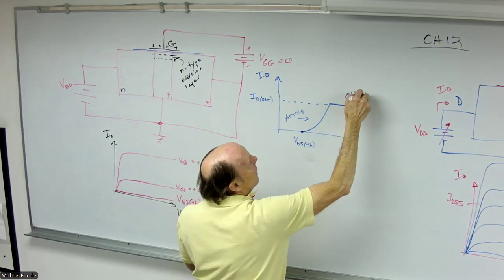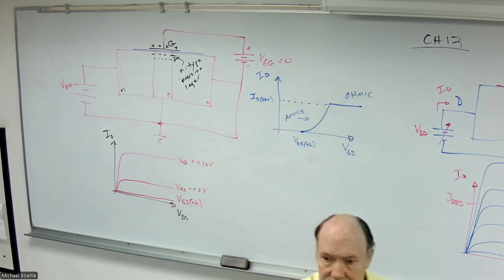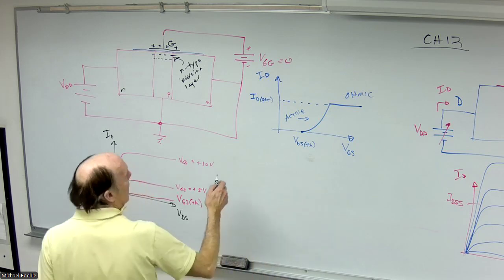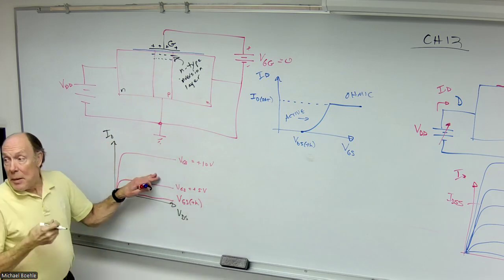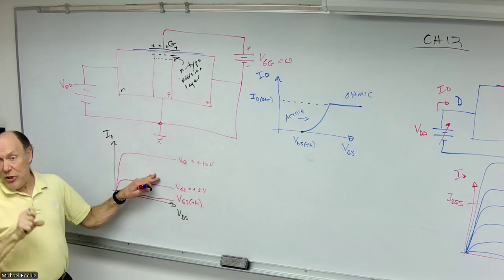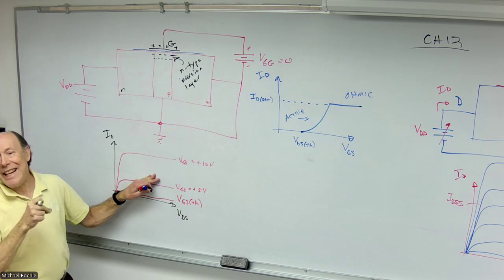This, my ohmic region. Just like any device here, we're not going to redraw it every time. We have schematic symbols for these. Oh, and by the way, because this has no depletion mode, this is called an enhancement mode.